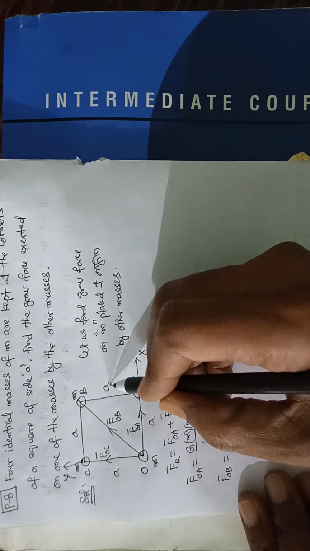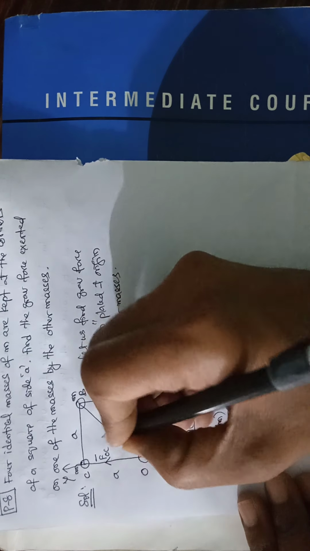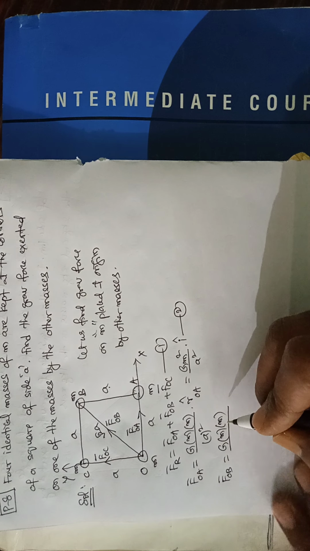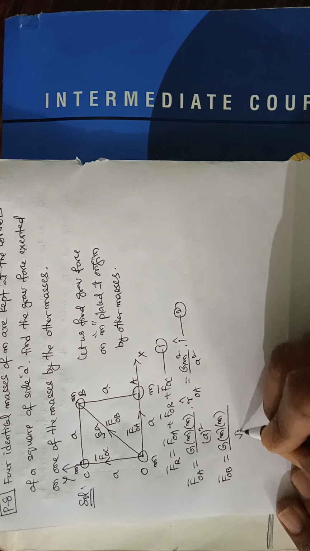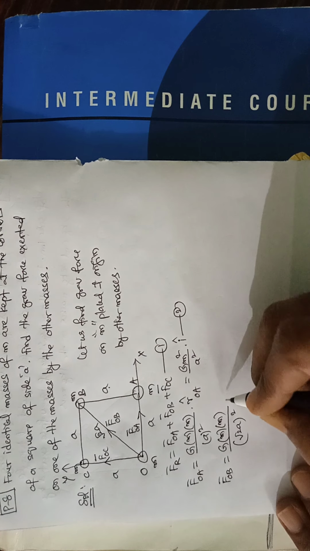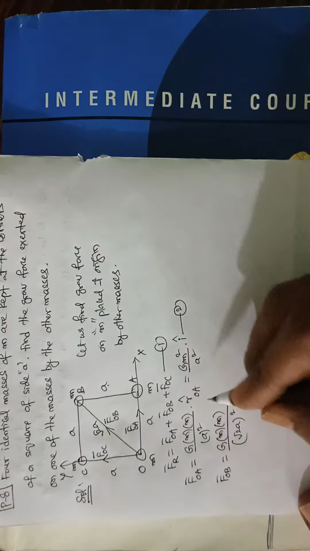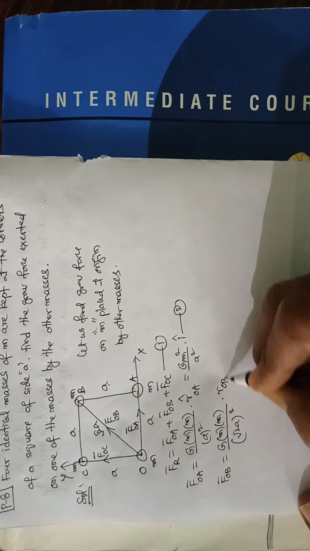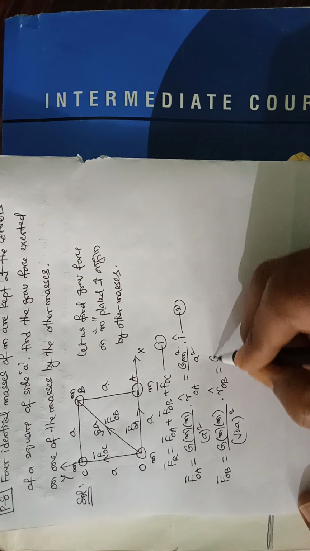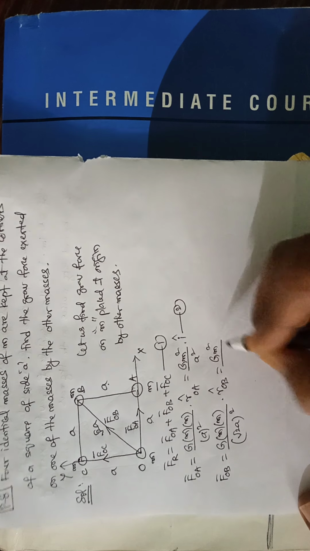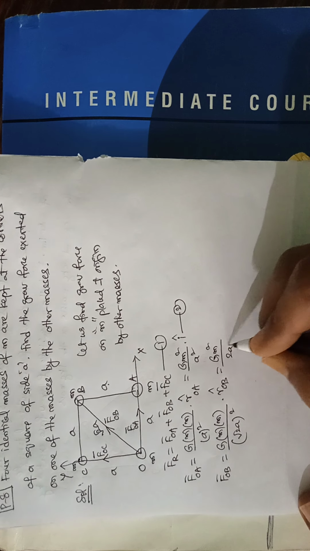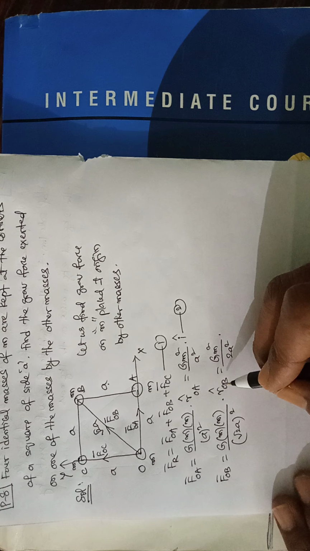Here side A means this hypotenuse will be root 2A. So root 2A whole square into unit vector along OB, that is GM square by 2A square into ROB.